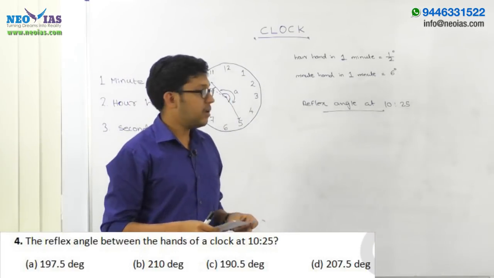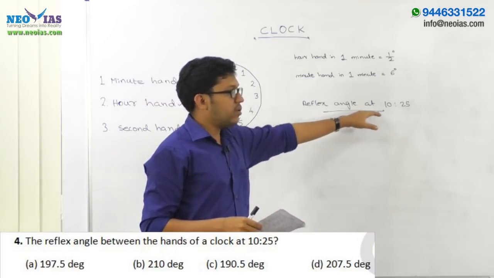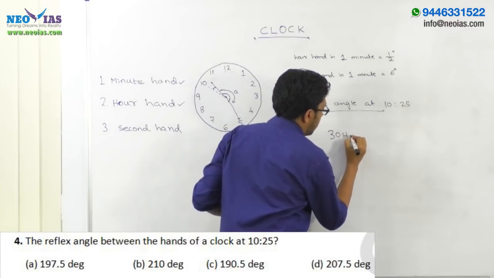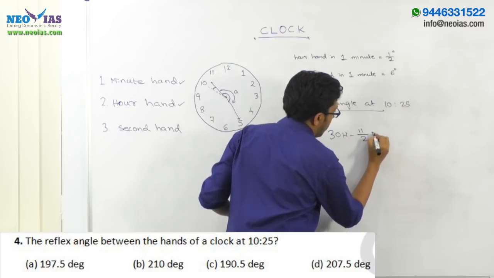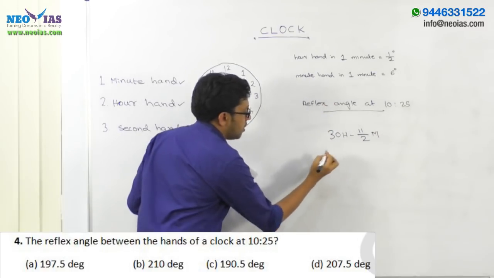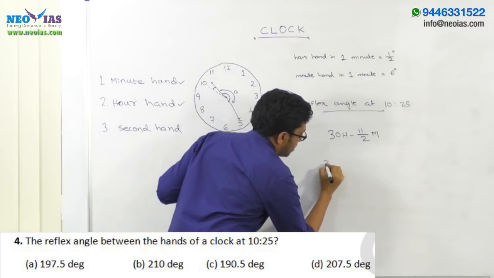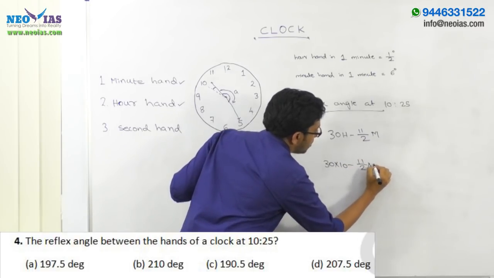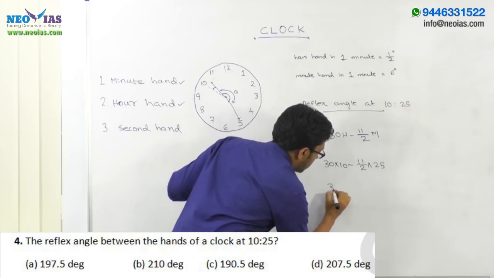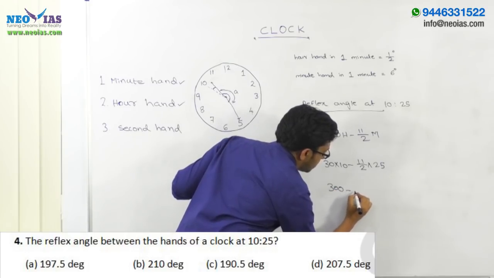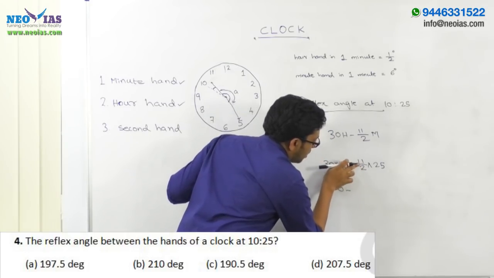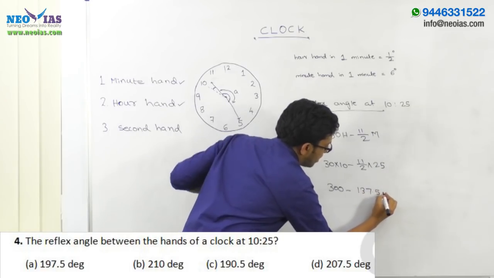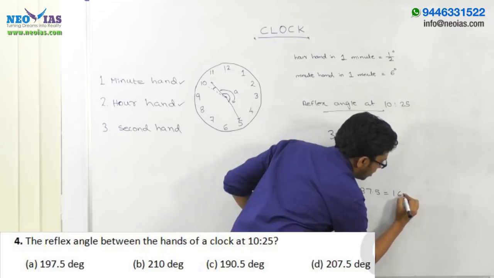We can easily find out the reflex angle at 10:25 using the formula 30h minus 11 by 2 m, that is 30 into 10 minus 11 by 2 into 25, 300 minus 137.5, and the answer is 162.5.